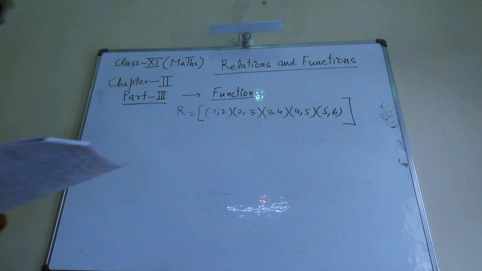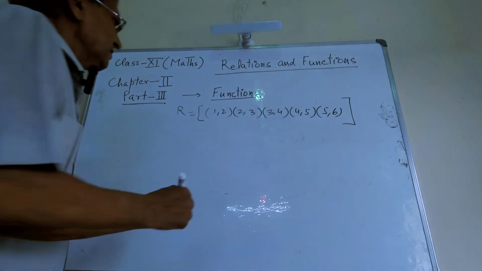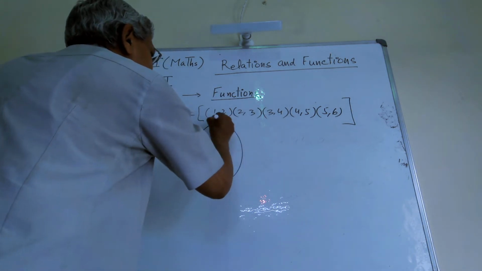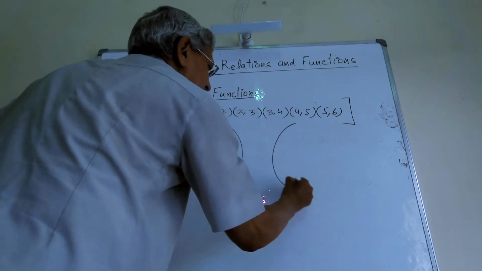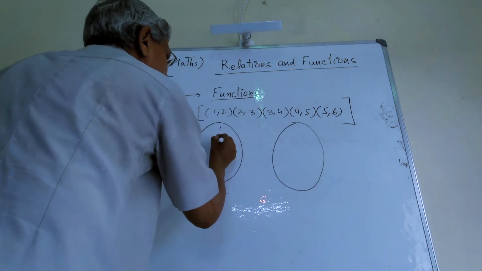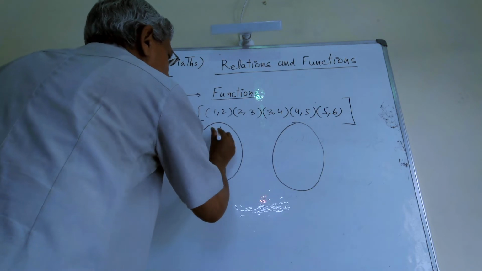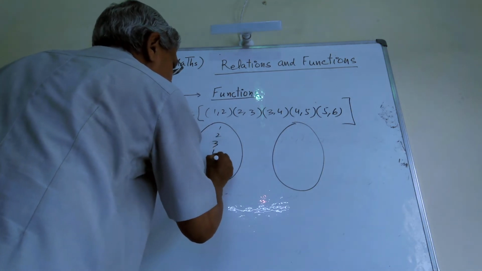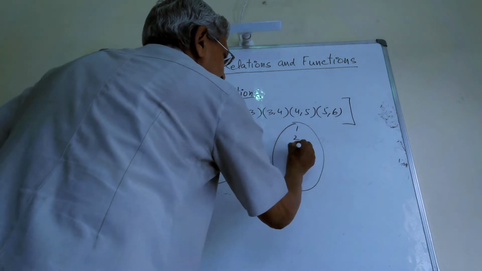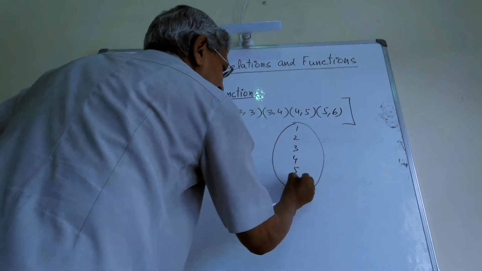This is a relation. And with the help of the diagram, set A is 1, 2, 3, 4, 5, and set B is 1, 2, 3, 4, 5, and 6.